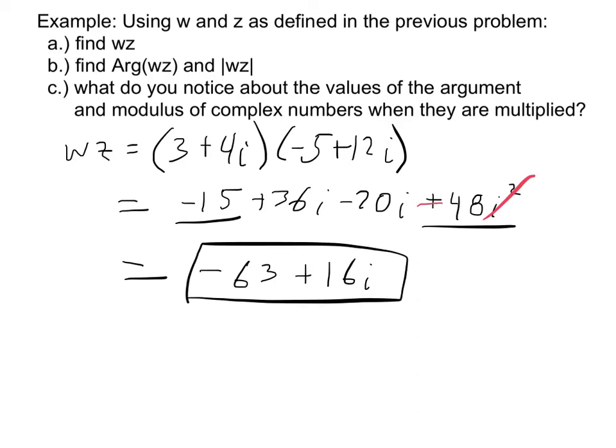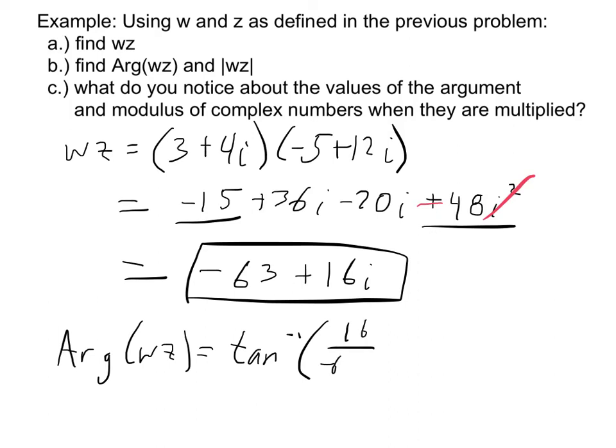So then the argument of that. If I want the argument of WZ, I'm supposed to do the inverse tangent of 16 over negative 63. And I got negative 0.249. Now it's worth taking a moment to investigate whether that makes sense.